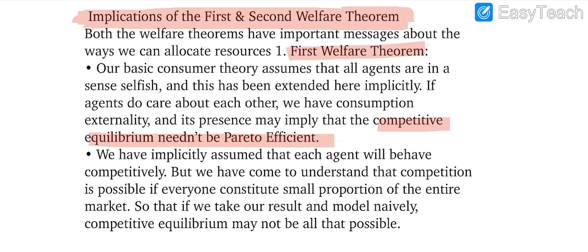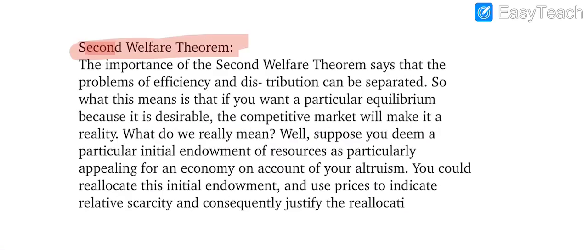And implicitly, competition is possible and everyone constitutes a small portion of the entire market, so the competitive equilibrium will be possible for agents A and B.